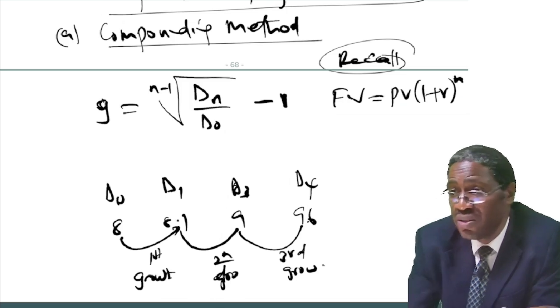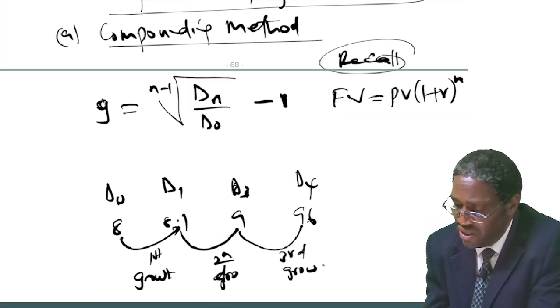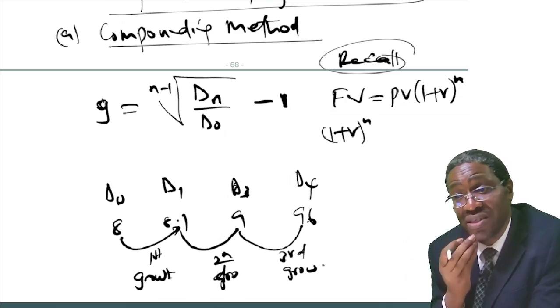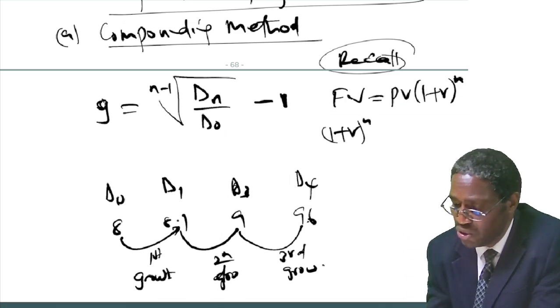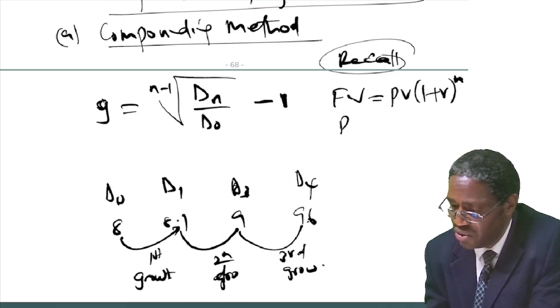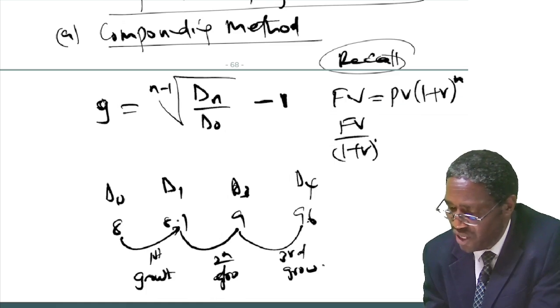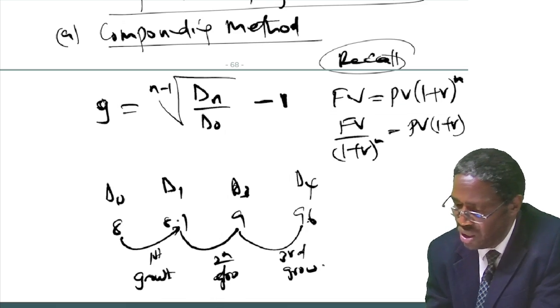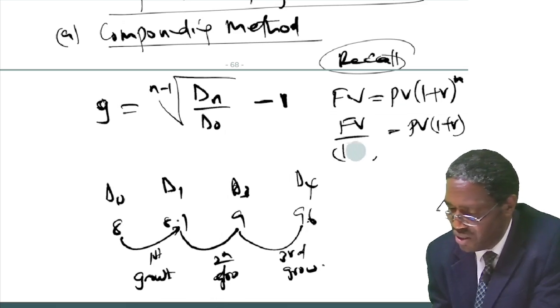By PV. So if I divide both sides by PV, this is FV, and on the right side it is PV times (1 plus r) to the power of n. Sorry, I'm dividing by PV, not by 1.